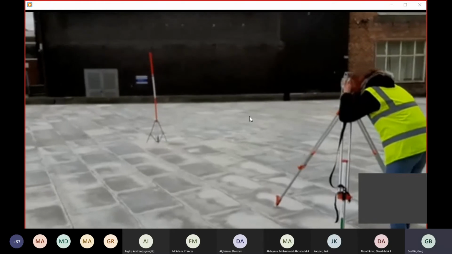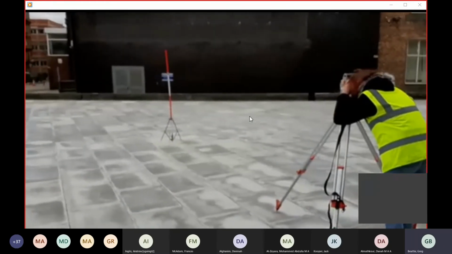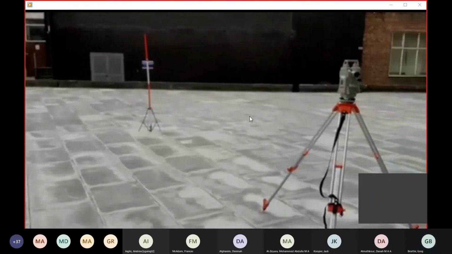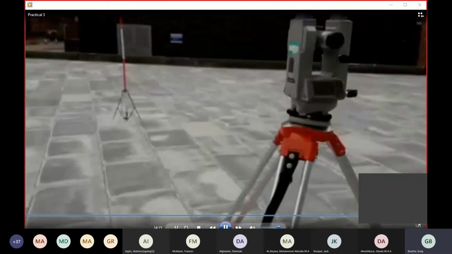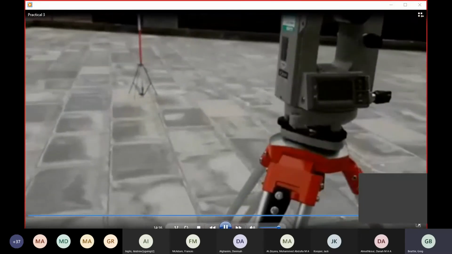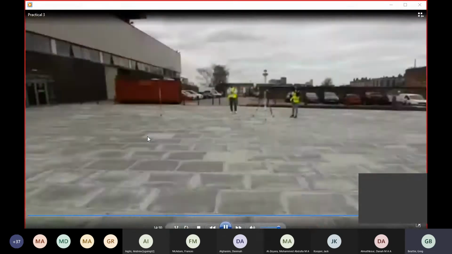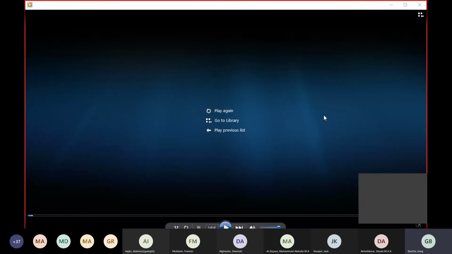It's two times the number of stations minus 4, and then you multiply that by 90, and that gives you the total number of degrees there should be in your traverse. Okay, so that's the end of the video.